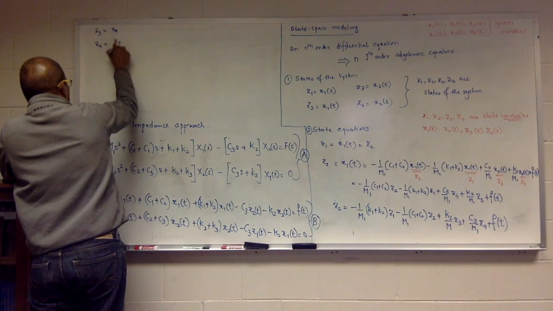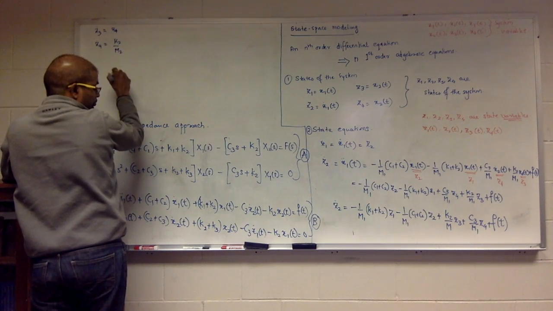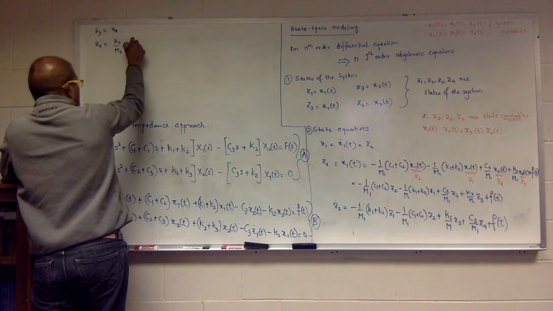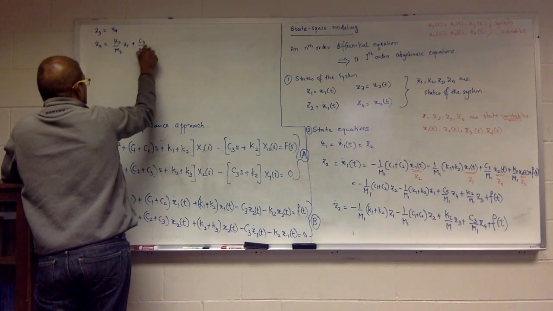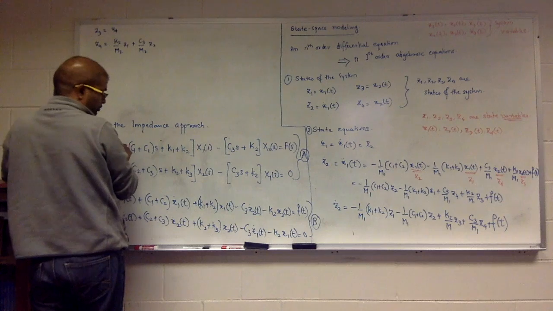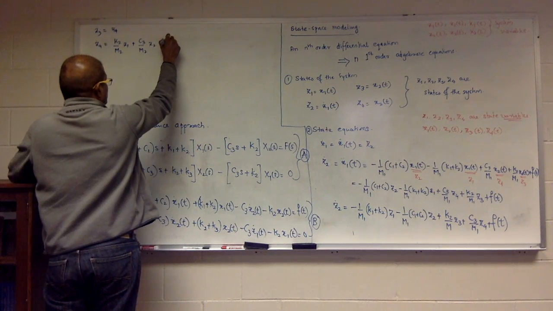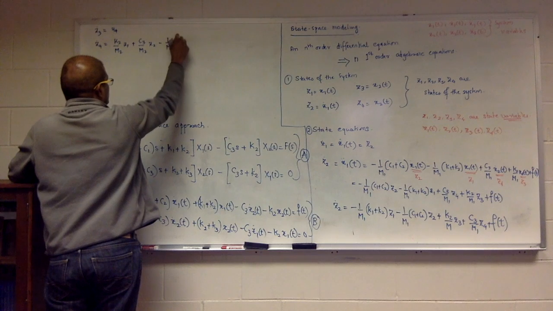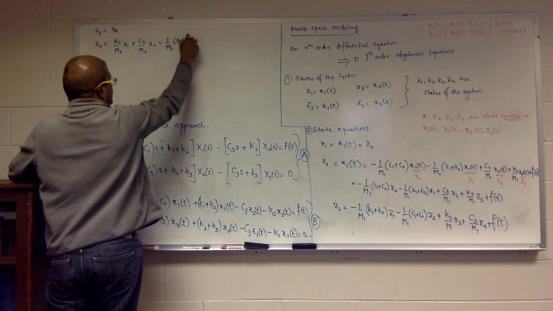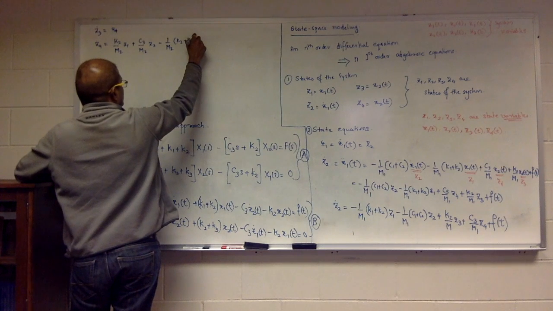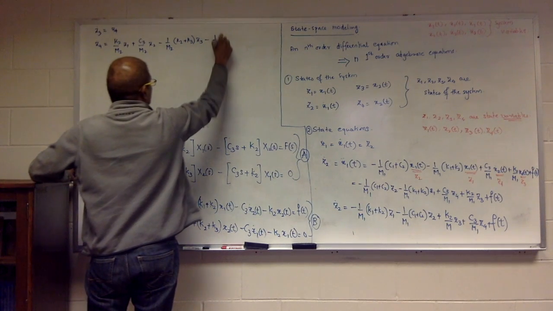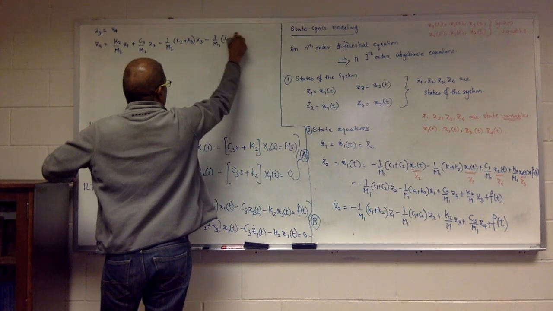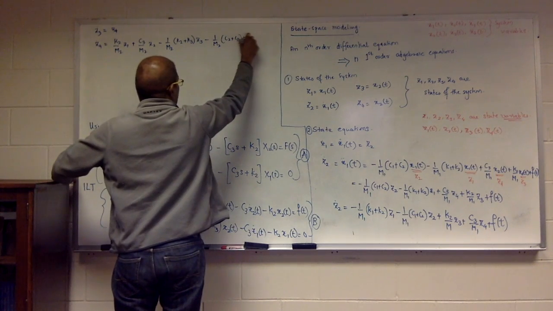K2 over M2 Z1 plus C3 over M2 Z2 minus 1 over M2 (K2 plus K3) Z3 minus 1 over M2 (K2 plus K3) Z4.